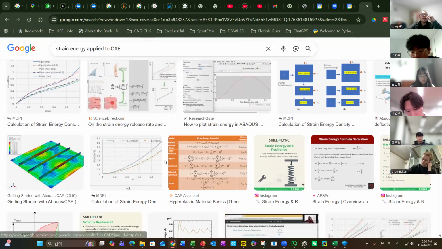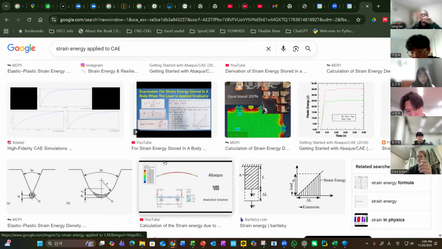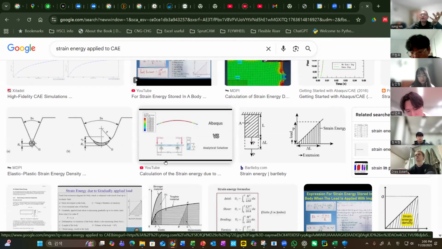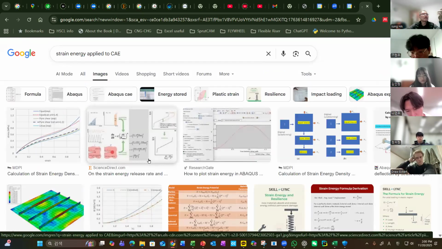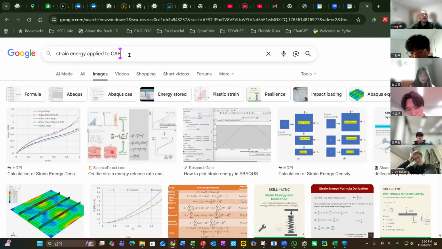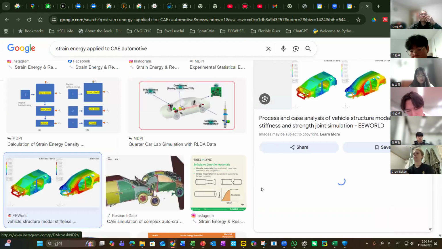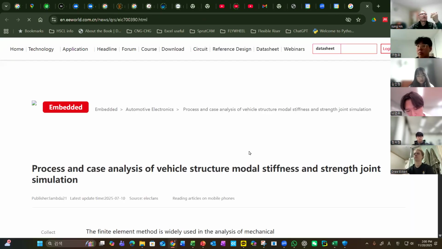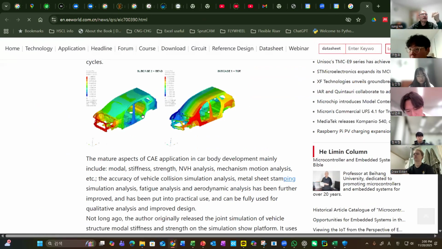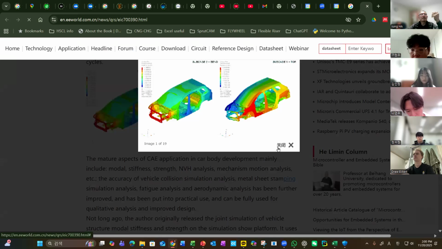Well, CAE, we didn't learn yet. Okay, CAE tools and things. All kinds of deflections, and imagine how complicated it can be to solve all types of deflections like this. Can you do that?